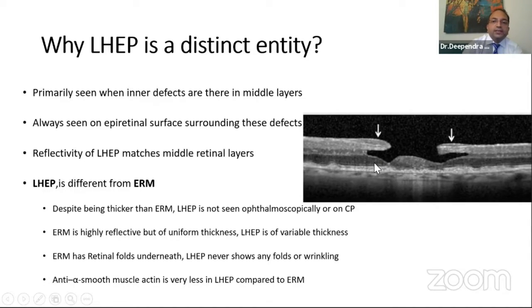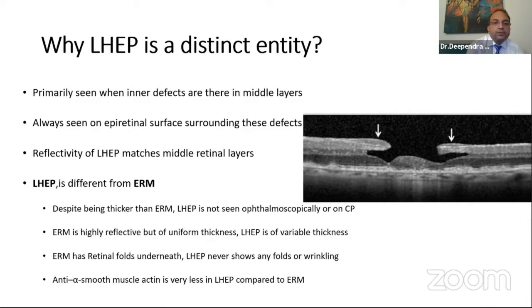This was a very striking thing they noted, and they also found that it's very difficult to see it clinically on fundus picture on your 90D examination. And the foldings and wrinkles associated with classical epiretinal membrane are very less commonly seen with LHEP. Analysis of the collagen, after removing these membranes, has also shown different components.